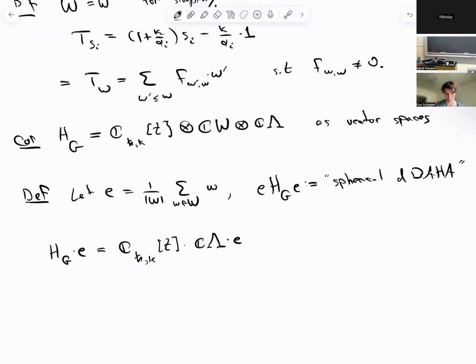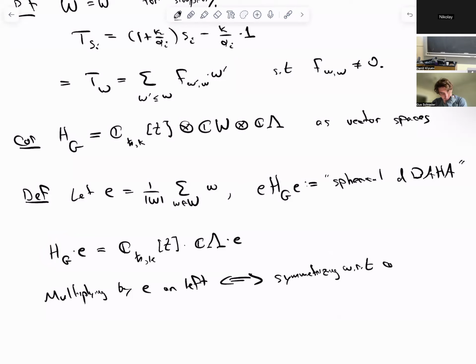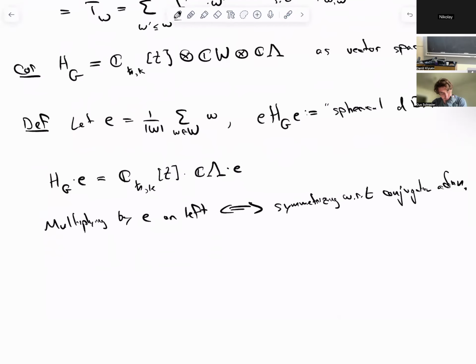And now, multiplying by E on the left is the same thing as symmetrizing this on the left, which is the same thing as symmetrizing the big algebra with respect to the conjugation action of the Weyl group. So let's now write what this does element-wise.